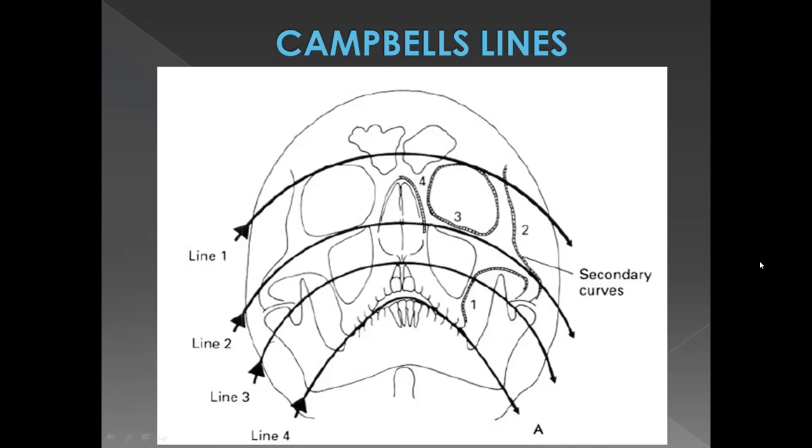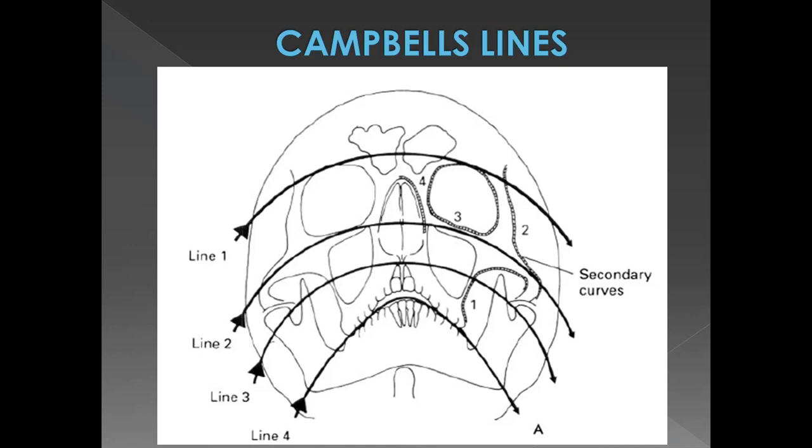So whenever you have a Waters view put in front of you, you are supposed to be commenting on these lines, what do you see on line 1, 2, 3, 4, and 5. You don't see the line 5 over here, but line 5 is made up of a line which passes along the inferior border of the mandible. And this was put in by a surgeon who goes by the name of Trapnell. Okay?